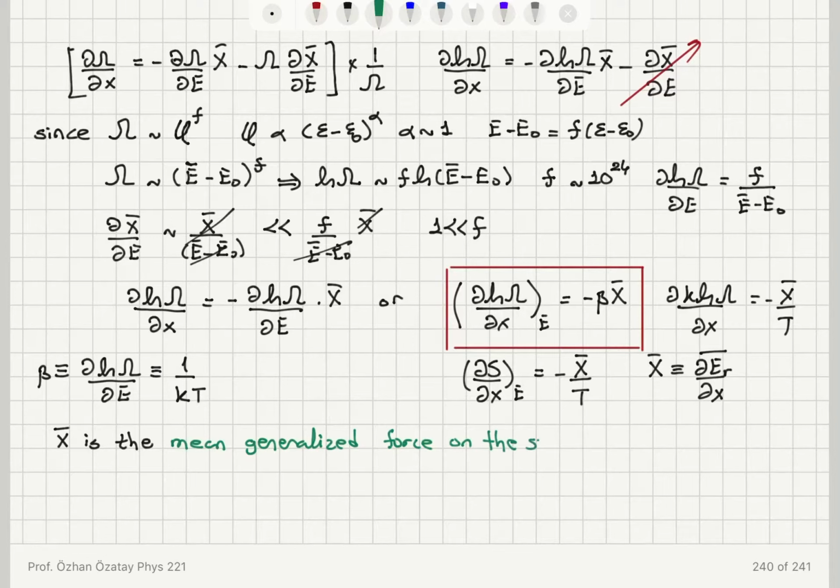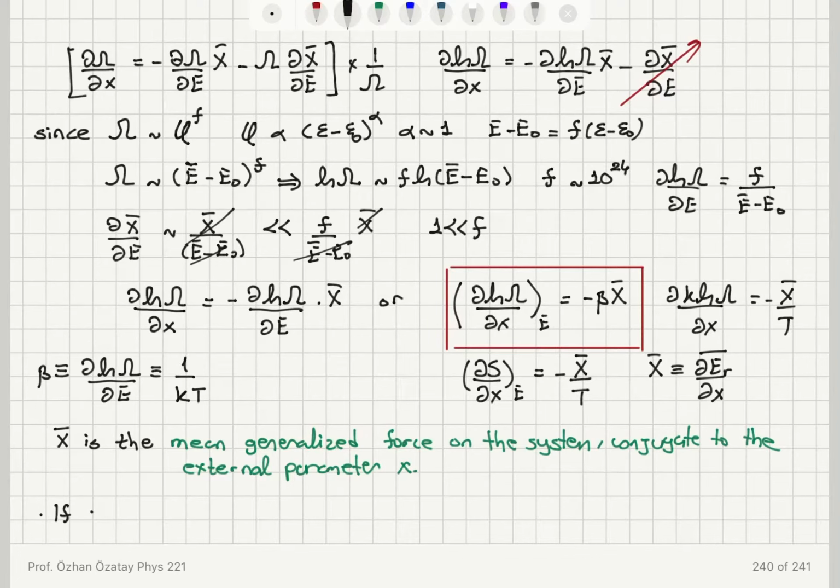So this is acting on the system, conjugate to the external parameter X. So let's give an example.